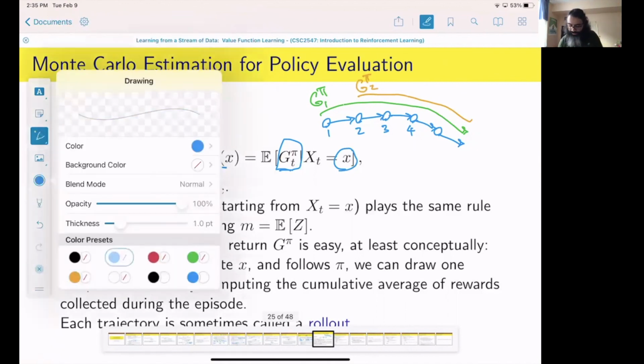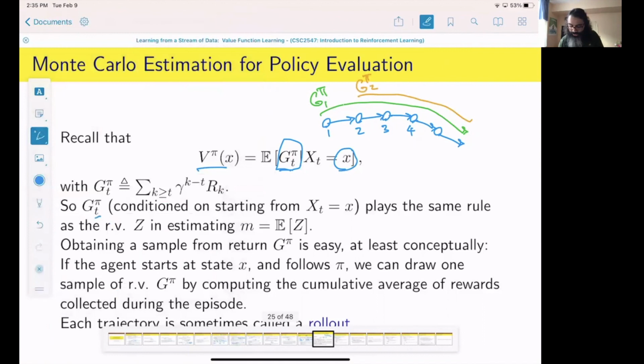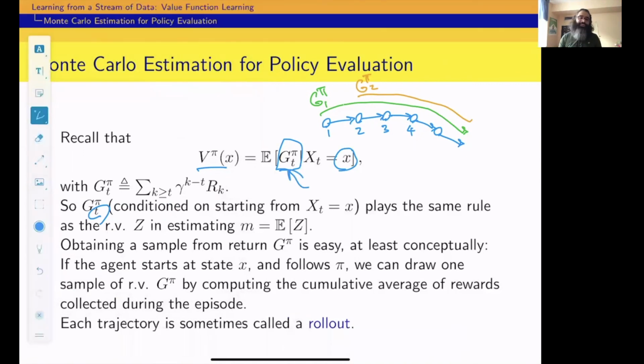That's the notation. What is important, or a nice property of it, is that G pi is a random variable with expectation equal to the value function of pi. So if I want to estimate the value function of pi, I can just use G pi at that state as an unbiased estimate of that value function.